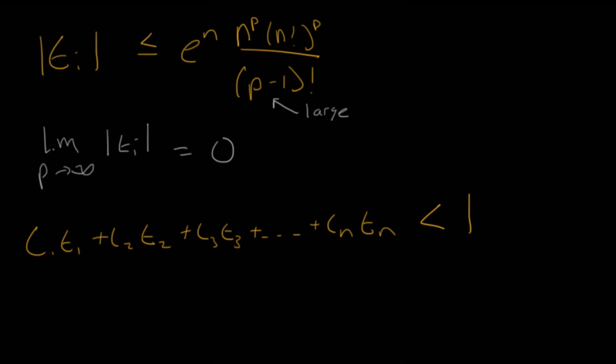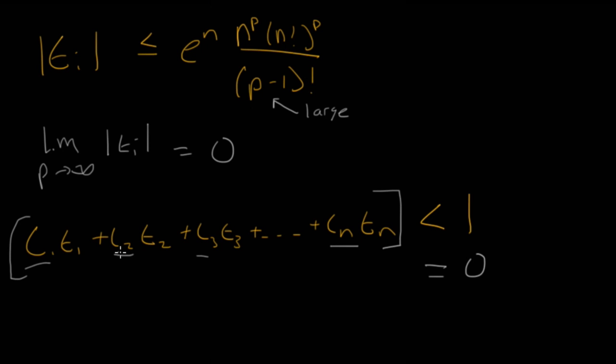But we know that each of these terms has to be an integer. We've defined all the c's to be integers. And if you look at all the epsilon terms, there's nothing in them that would produce a fraction. So this has to be an integer as well. So the only integer less than 1 is 0. So we can say as p gets very large, this whole expression will approach 0 and has to be equal to 0.